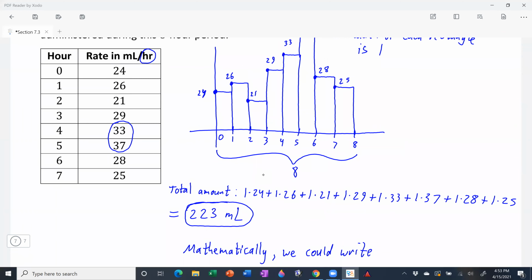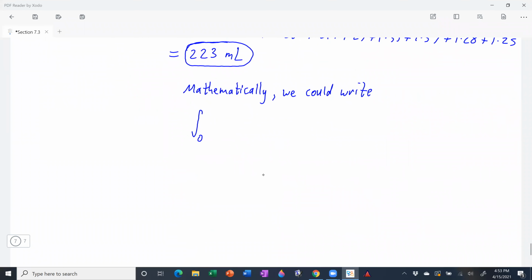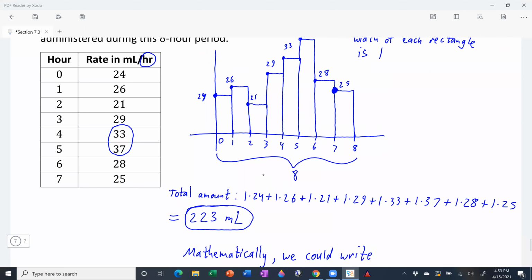We did this full 8-hour period, and that 7 was just given to us as this left endpoint value. But we actually did an entire 8-hour stretch, and this table was giving us left endpoints. So we could write 0 to 8 because we are covering all the way through. Hour 7 goes up until the 8th hour.